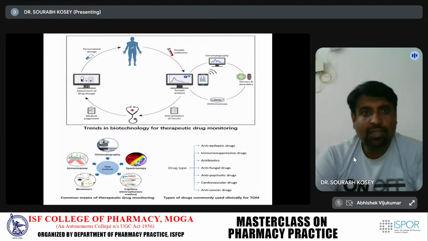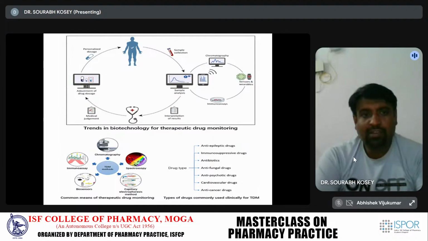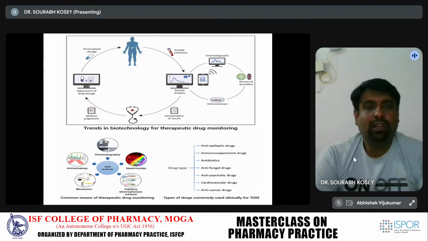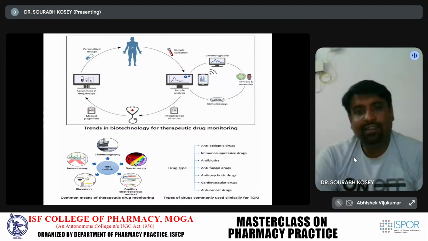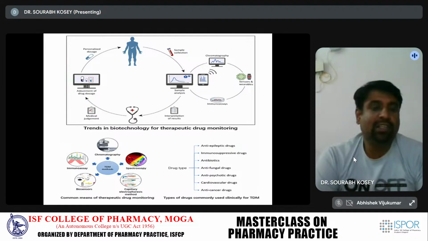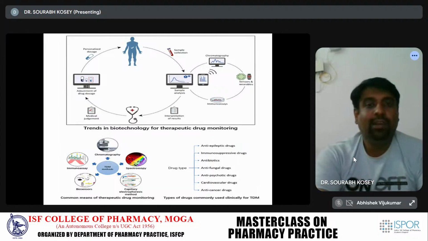Once the sample is collected, it goes for analysis, and biochemical, hematological, and radiological interpretation is done. Then it goes to the core clinical values with medical judgment and adjustment of doses, using chromatography, immunoassay, sensors, and wearables. If you have sophisticated machines for this, it is very effective in establishing rational drug therapy, rational drug use, and evidence-based medicine.